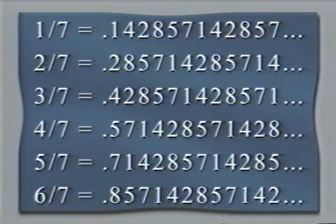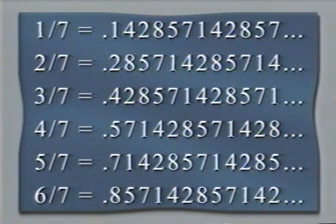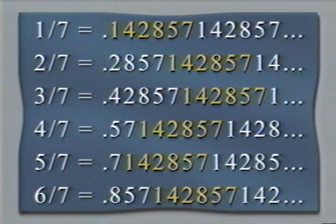An interesting pattern can be found when we're dealing with fractions whose denominator is 7. 1/7 is 0.142857 repeated, while 2/7 is 0.285714 repeated. If we look at each of those 6 decimal representations, 1/7 through 6/7, we will notice that the order of the digits is exactly the same, 1, 4, 2, 8, 5, 7.